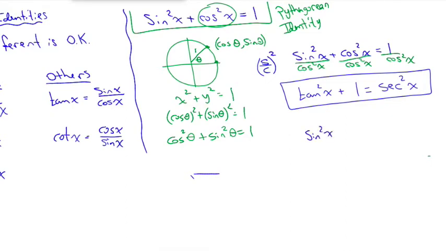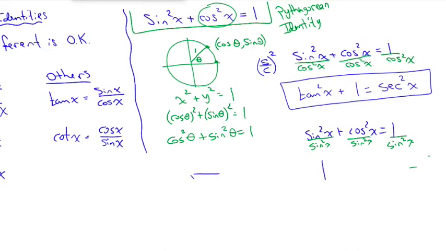Sine squared x plus cosine squared x is equal to 1. What else can I divide through by? If I divide by tangent, it makes kind of a mess. But I divided this by cosine, so if I divide by sine squared all the way across, what's sine squared over sine squared? 1.